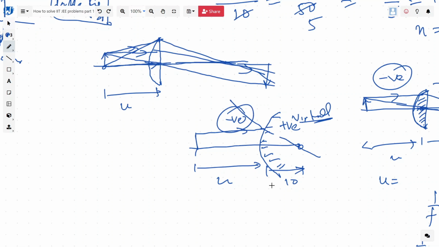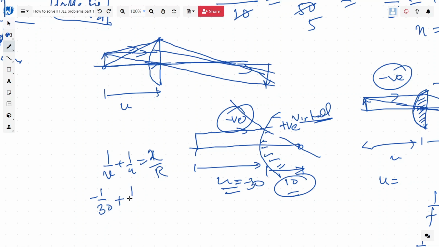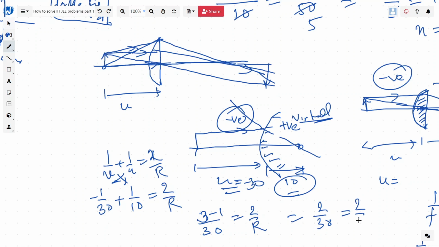And we don't know the R, that we can find. We know the U and we know the V, so we are going to simply write 1 by V plus 1 by U is going to be 2 by R. The U is minus 30, and V is plus 10, so it's 2 by R. So now it's going to be 1 by 30, and then 3 minus 1 by R, so R is plus 30 centimeters.